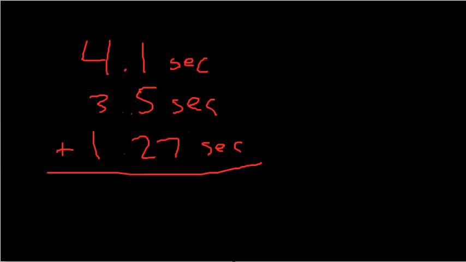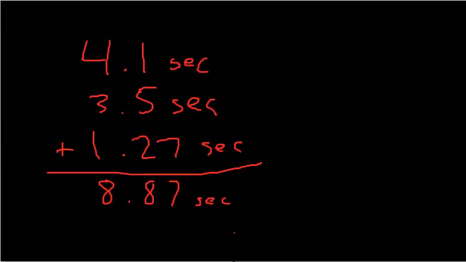When I'm adding decimals, I line up my decimal point and then add like place values. So here, zeros and a 7. 1, 5, 2, I get 8, my decimal point, and then another 8. So my answer here is 8.87 seconds.